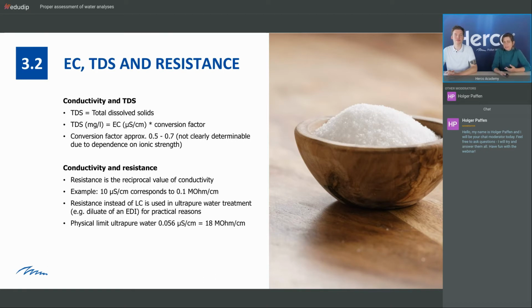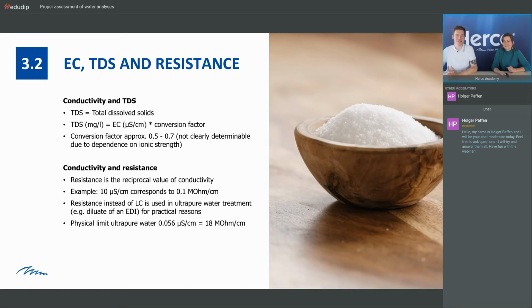The most common factor to use is 0.5, but it can be in any range between 0.5 and 0.7. If you really need an exact value of the TDS, you have to measure it, and that takes more time. You have to evaporate the water and then measure what's left. But in many, many cases, this rule of thumb is really good enough, and you can work with the conductivity and extrapolate the TDS from there.